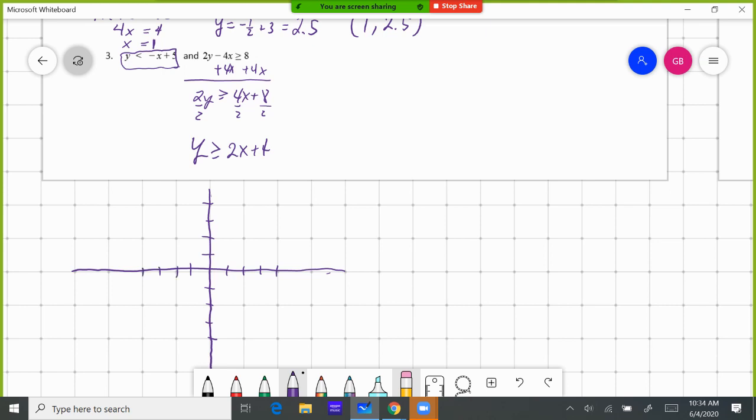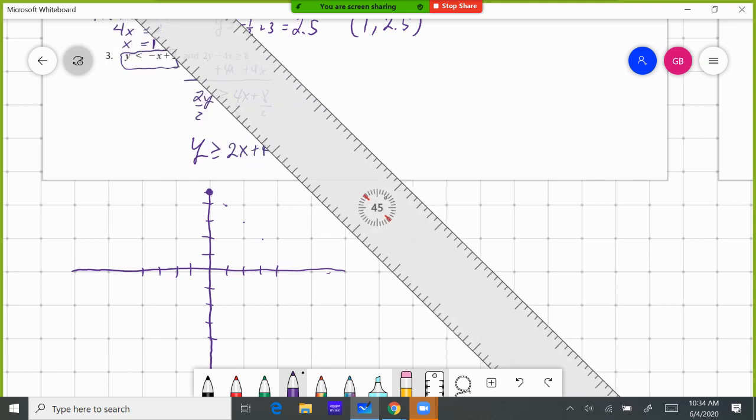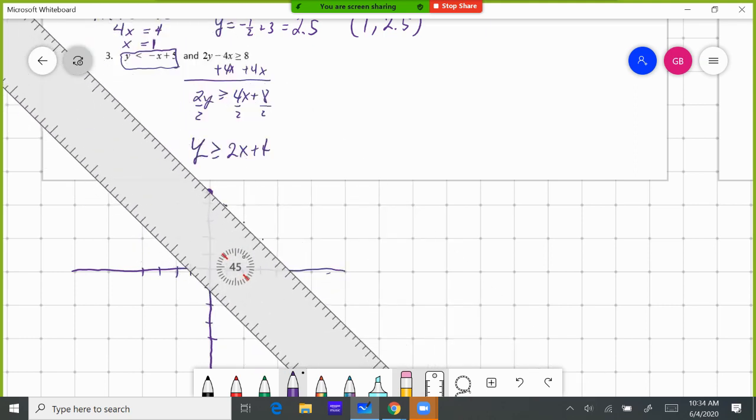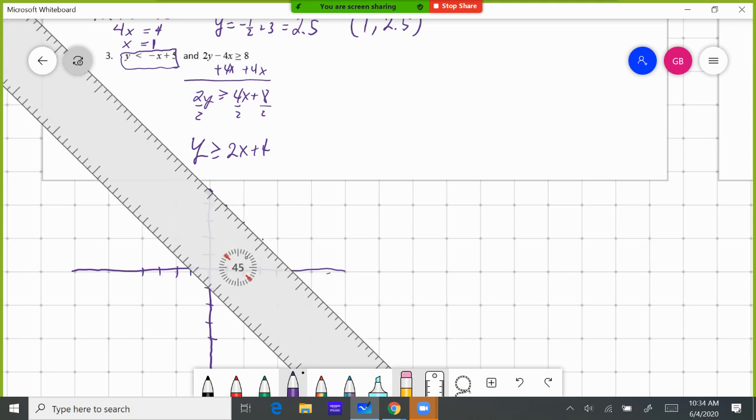All right, so for the first one, the y-intercept is actually 5, so it's actually up here. And it has a slope of negative 1. So down 1 over 1, down 1 over 1. And since it's less than, it's going to be a dashed line.